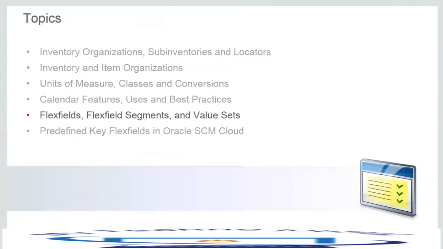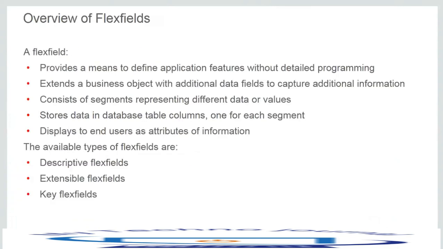So the next topic is flex fields, flex field segments and value sets. What is a flex field? A flex field provides a means to define additional attributes which do not exist in the system.